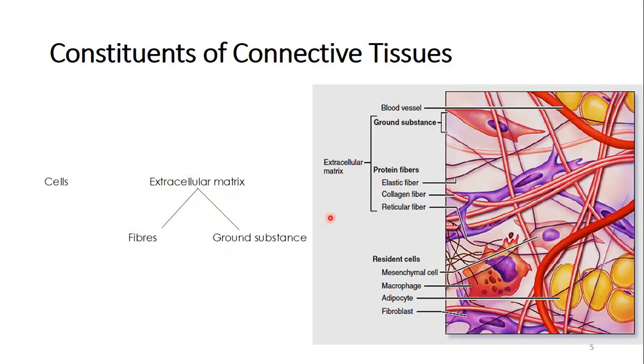Those fibers are listed here: elastic fiber, collagen fiber, and reticular fibers. Apart from the fibers, we have what we call the ground substance. The ground substance, like I was explaining, is in the form of a jelly. It is not solid, neither is it completely fluid. It is semi-solid or semi-liquid, if you like.